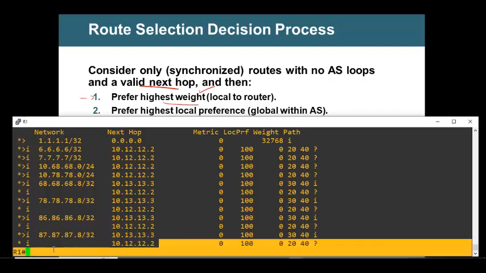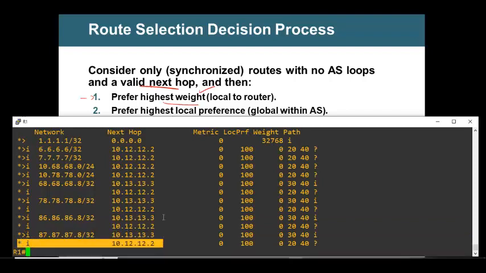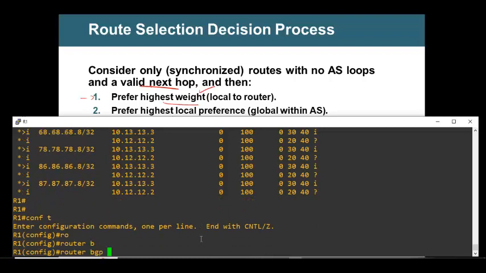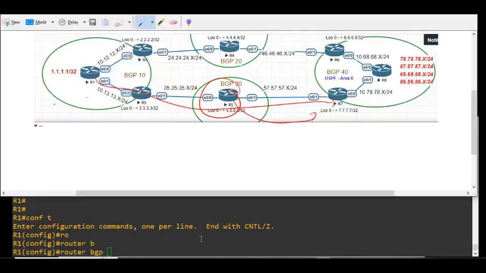See it. Router BGP. What is the autonomous system number? 10. Neighbor. What is router 2's address? 10.12.12.2. Weight. Higher is preferred. What is the default weight?